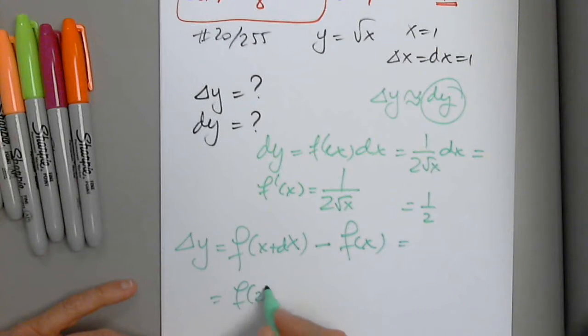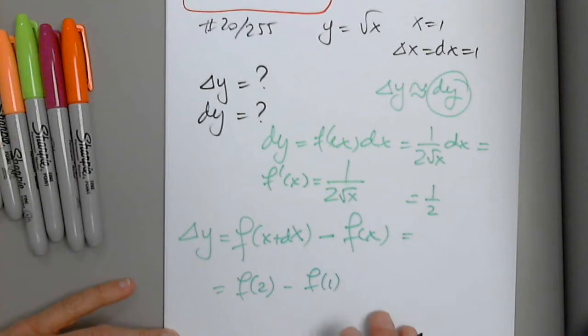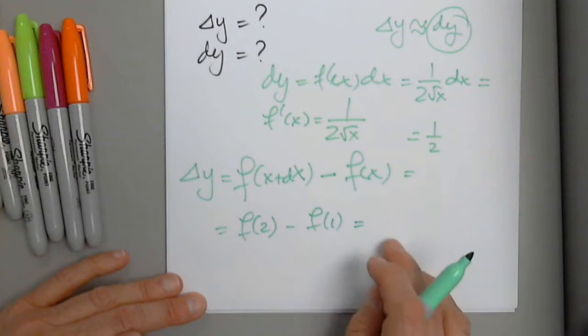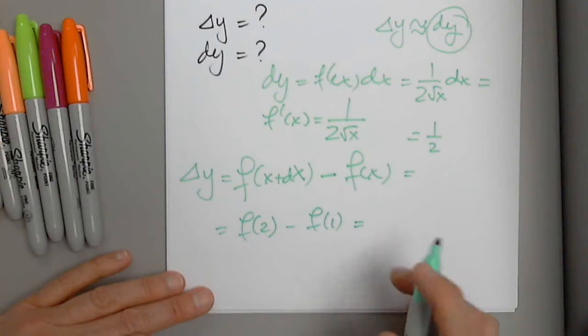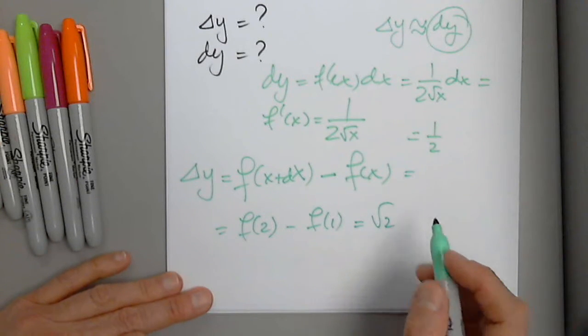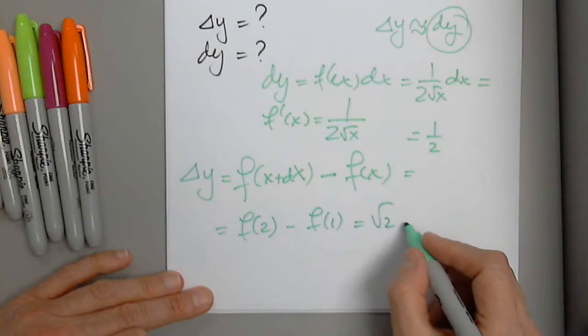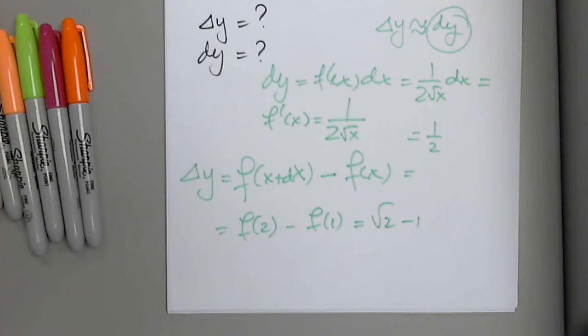Right. So f of 2 minus f of 1. f of 2 is the square root of 2. Don't be bothered by that, I forgot to turn off my phone. I'm sorry. Minus 1. This is the exact answer.